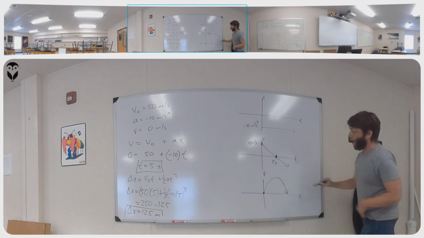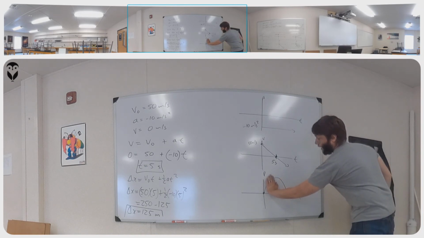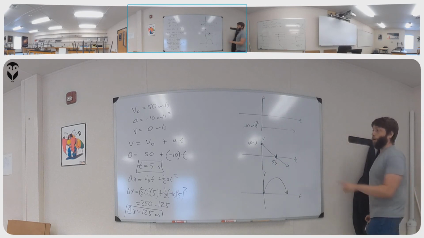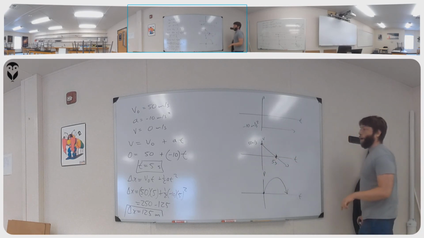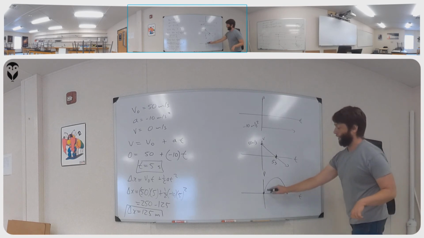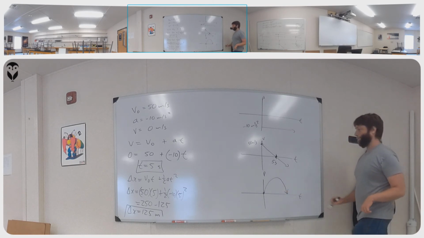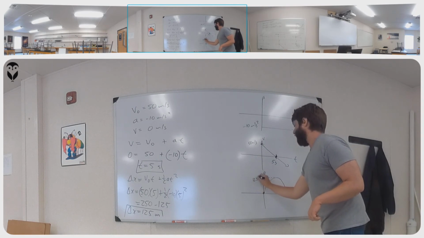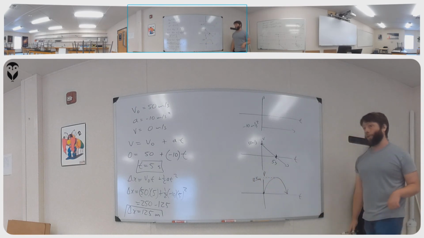So this is the full parabola. You only saw the right-hand part of the parabola when we started with a velocity that was 0, but since this velocity starts off positive, we need to see the full parabola. And this maximum height that we reach should be 125 meters.